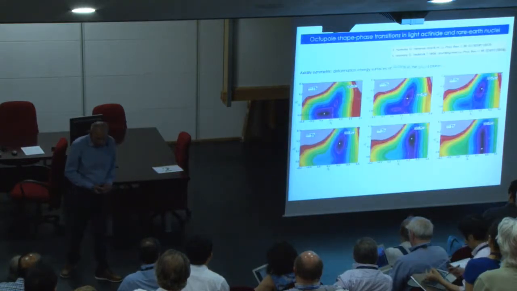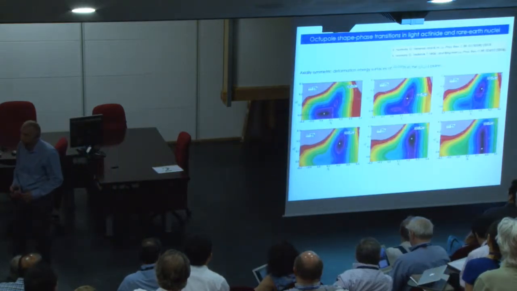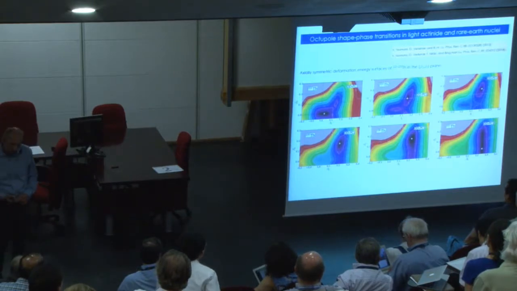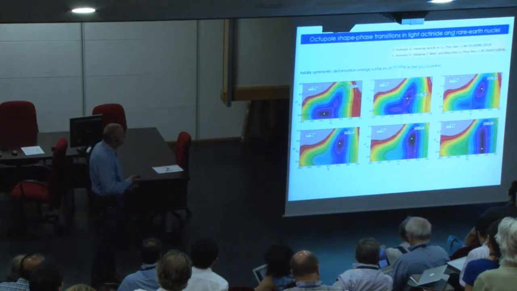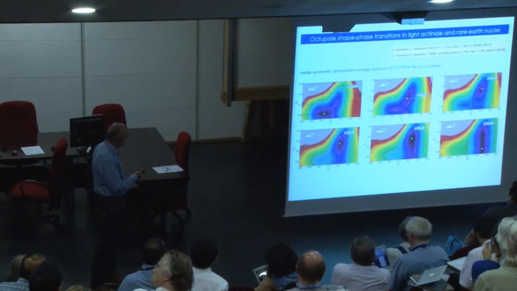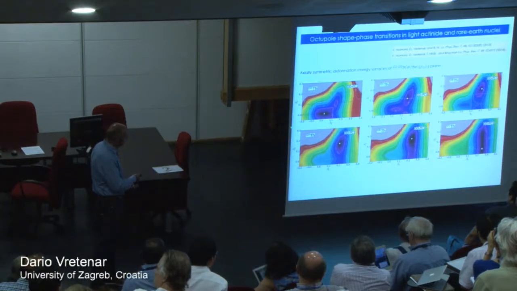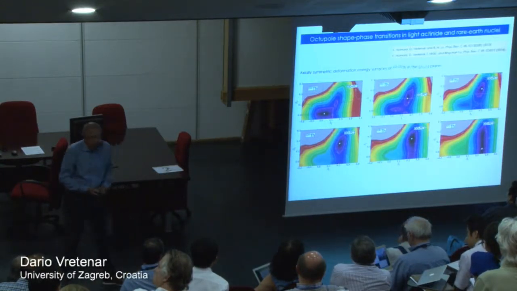In heavier nuclei, an interesting phenomenon is the evolution of reflection asymmetric shapes, pear-like shapes. What is shown here is an example of axially symmetric deformation energy surfaces in thorium isotopes in the beta-2, beta-3 plane. So beta-2 is on the horizontal axis and beta-3 on the vertical axis.